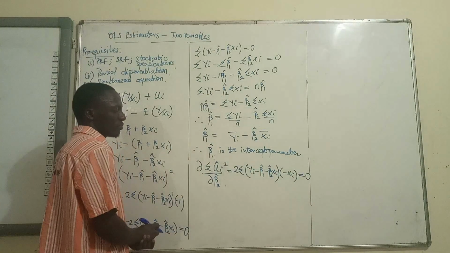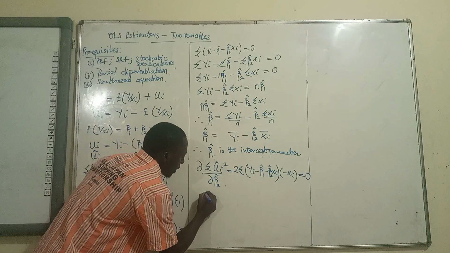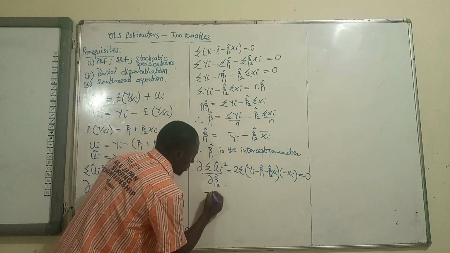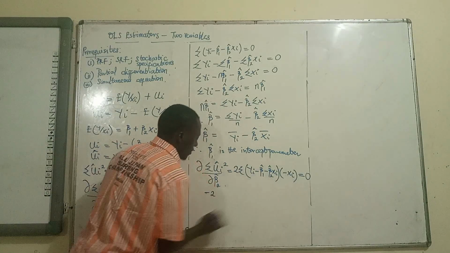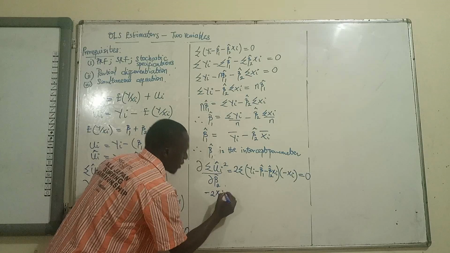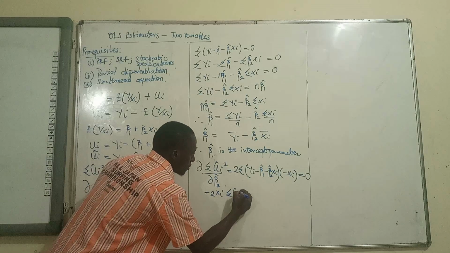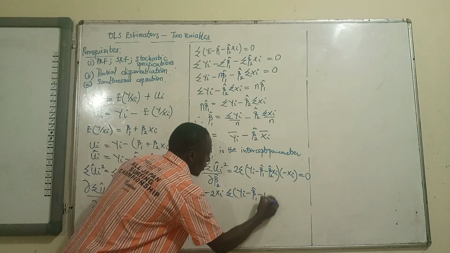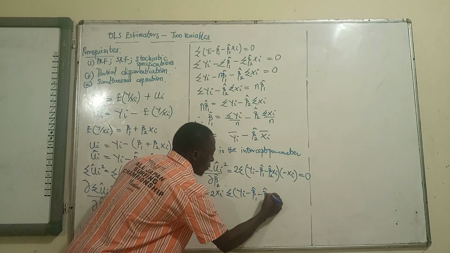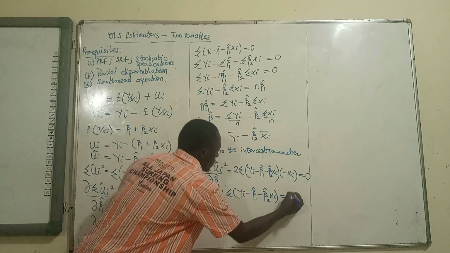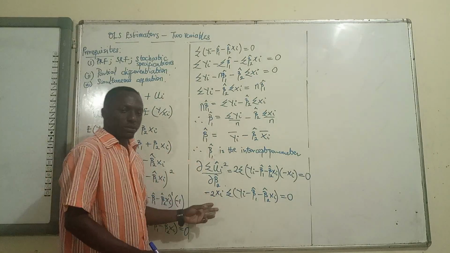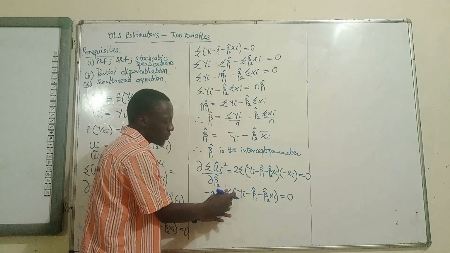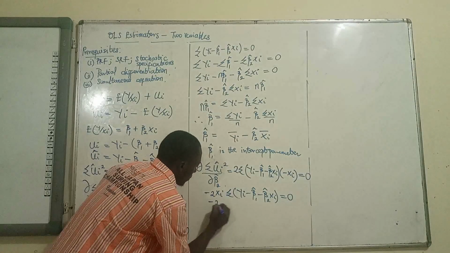Equal to 0. So I can always rearrange that as minus 2 multiplied by minus xi, minus 2 xi summation yi minus beta 1 cap minus beta 2 cap xi equals to 0. Xi is a variable, I can always bring this variable in front of this summation. So that makes sense like that.